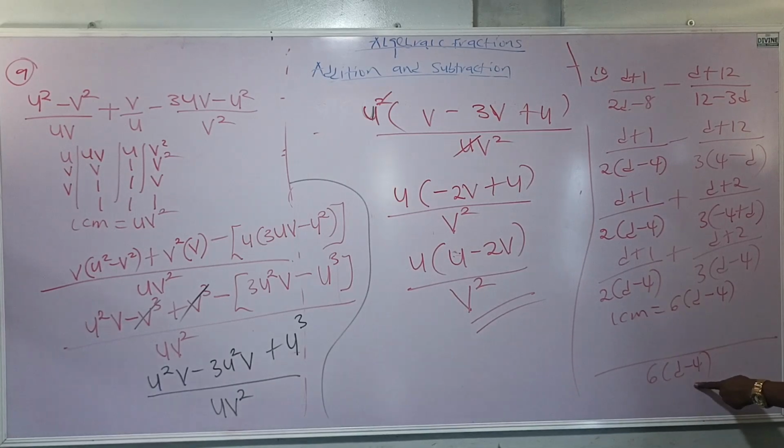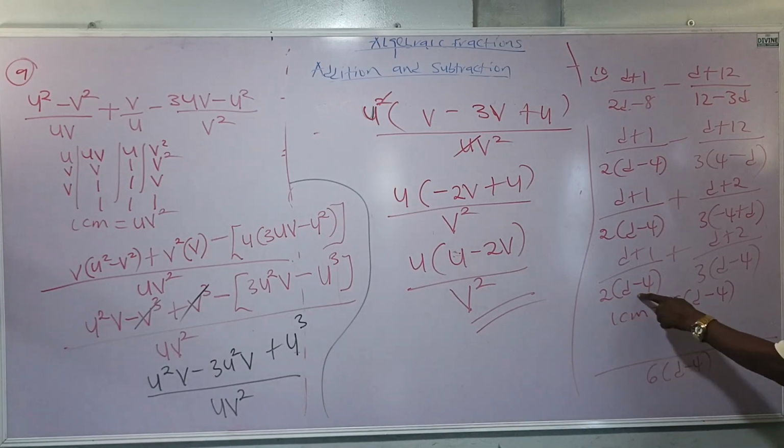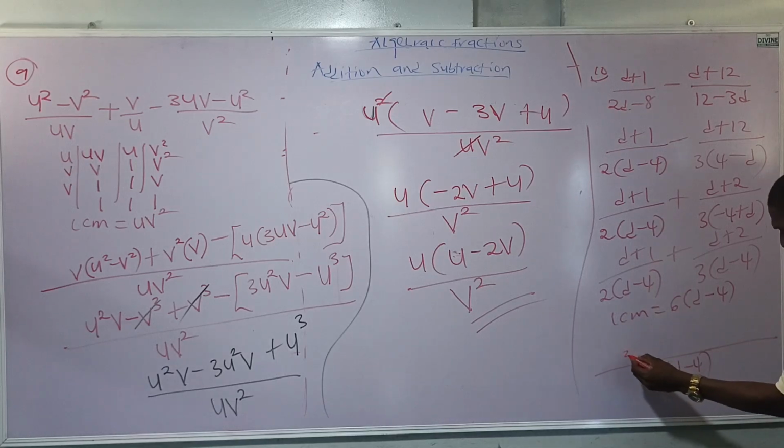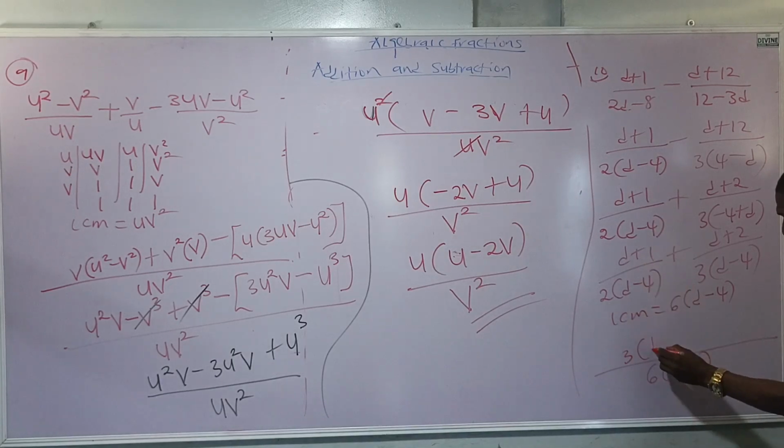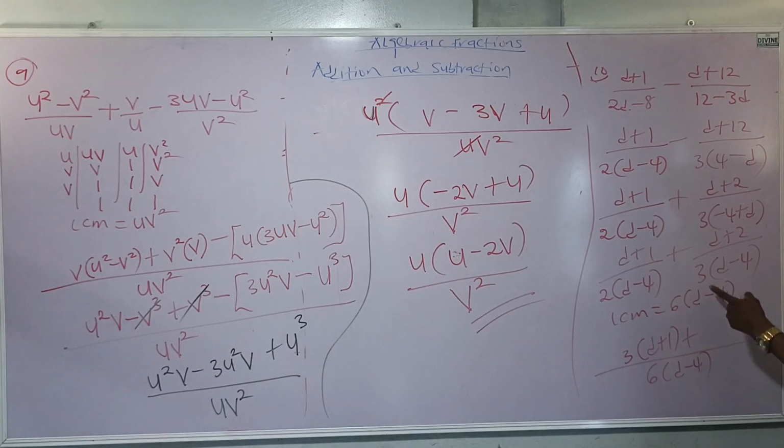If this is being divided by this, I will have 3 in brackets d plus 1 plus, if this divides this, what's remaining will be 2, because 6 divided by 3 is 2, this will cancel out. So I have 2 brackets d plus 2.